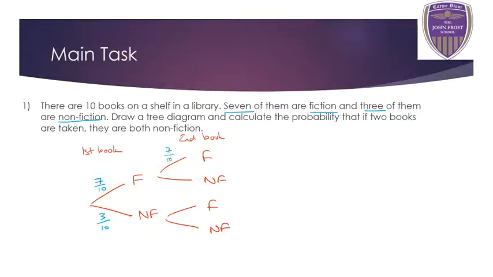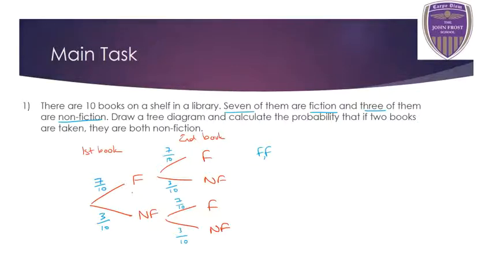So all the same outcomes now on the second branches as well. So 7 out of 10 for fiction, 3 out of 10 for non-fiction. Then from there we list our outcomes. So the first possibility is fiction the first time, and fiction the second time.